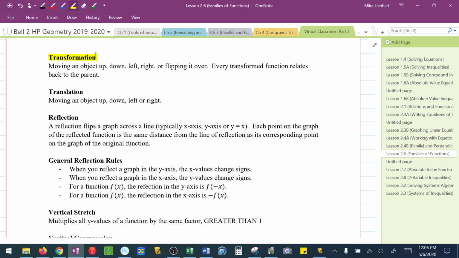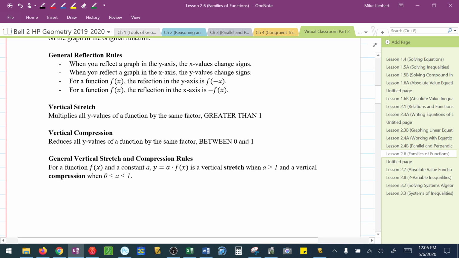Now, if you're just moving it up, down, left, or right, that's called a translation. A reflection is when we flip it, typically across the x-axis, y-axis, or y equals x. You're reflecting points that are on that particular graph.